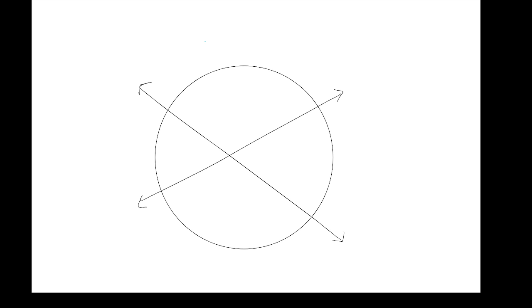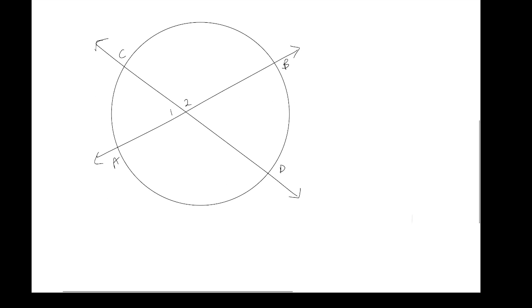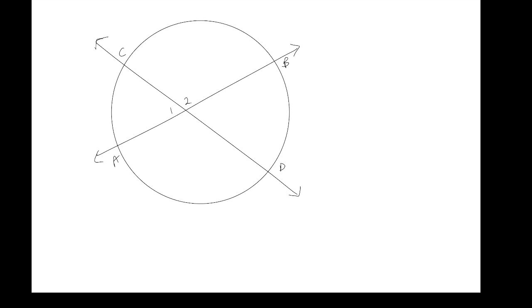So let's go ahead and label these points here. I have line AB, and then I have line CD. And we're going to do a real quick shorthand proof here to give us a couple of angles. So we have angles 1 and 2, okay? And figuring out how we're going to decipher what our angle measurements are going to be here, because there's a few things that we should be able to see right away, right?